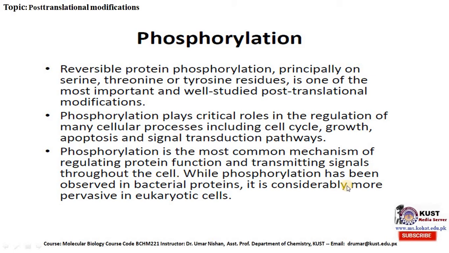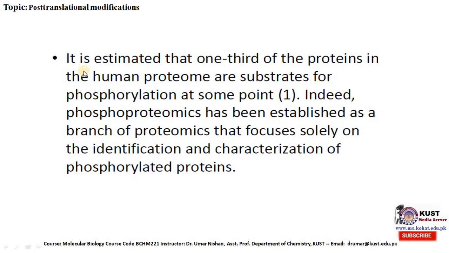While phosphorylation has been observed in bacterial proteins, it is considerably more pervasive in eukaryotic cells. It is estimated that 1/3 of the proteins in the human proteome are substrates for phosphorylation at some point.